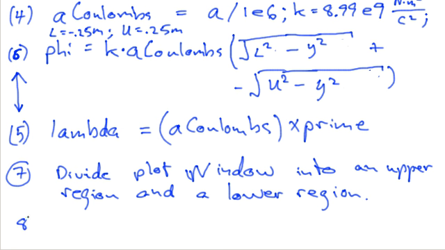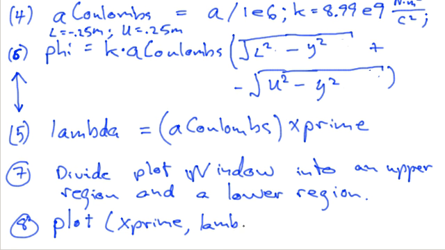And then 8, plot x prime comma lambda in upper region.